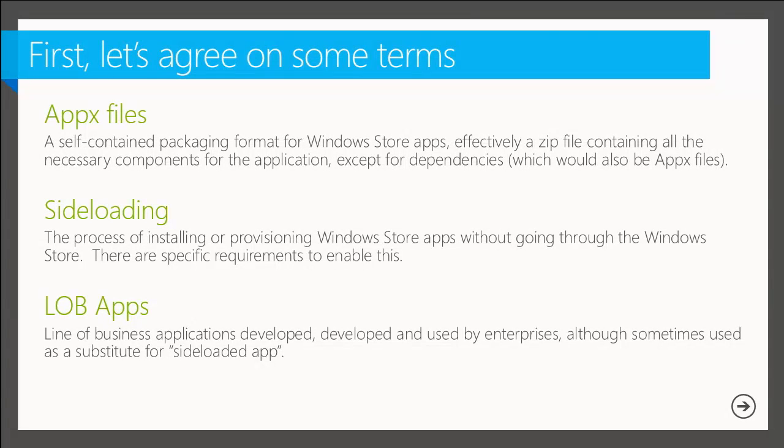The Windows Store, once you add an app to it, is going to show that app to everybody. So you're going to take these line of business apps in most cases and try to deploy them internally using the sideloading process rather than using the Windows Store. So that's where we get into this whole scenario. How do we deploy line of business apps within your enterprise environment? That's what we'll focus on.